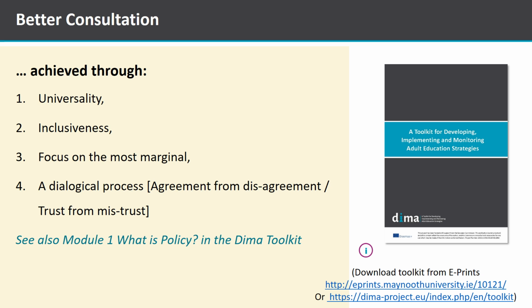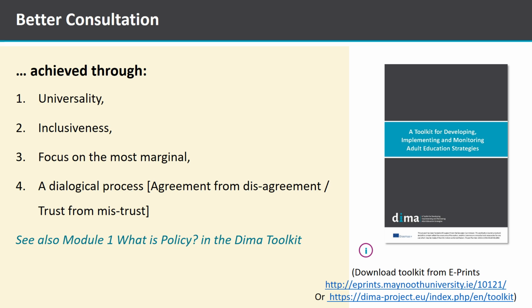And fourthly, consultation is better if it is a dialogical process, that it engages dialogue rather than information taking or information giving. It is a two-way process of dialogue. This will ensure that the consultation seeks agreement and separates it from disagreement.